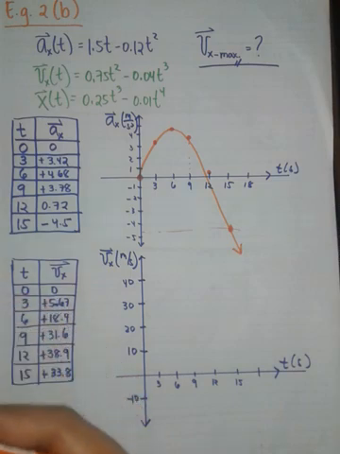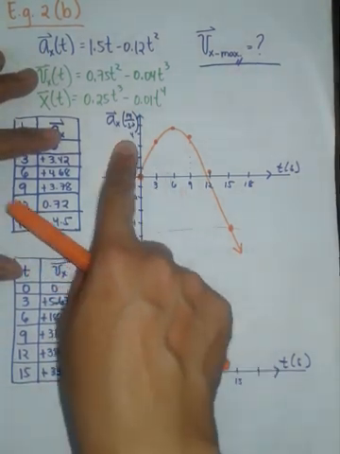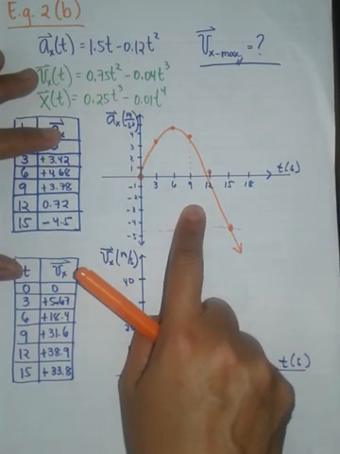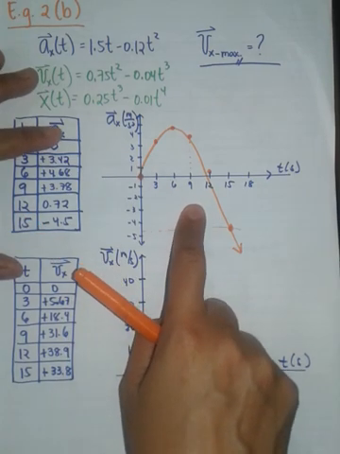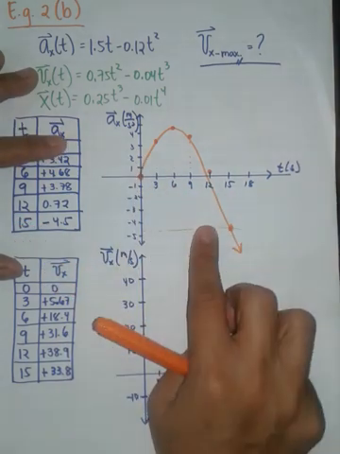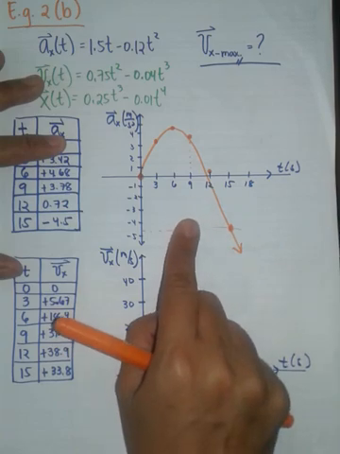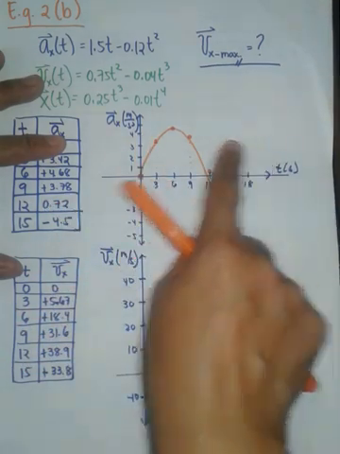Let's check. According to our graph, if I am able to plot this accurately, it says that the acceleration of the motorcycle is obviously not constant. This is not like the first example with constant acceleration.